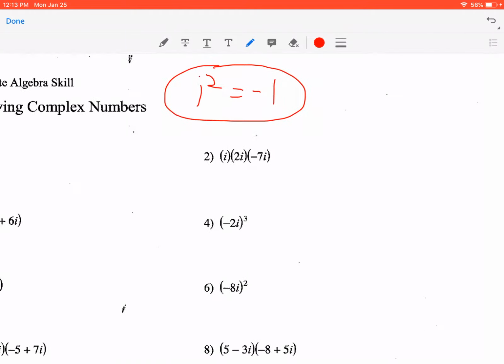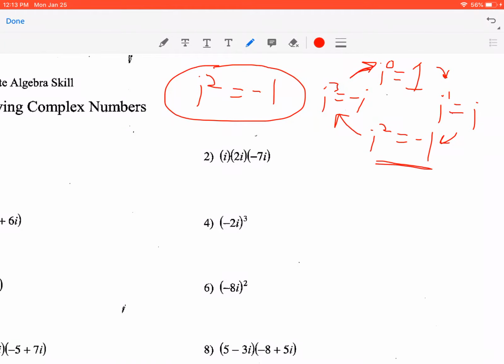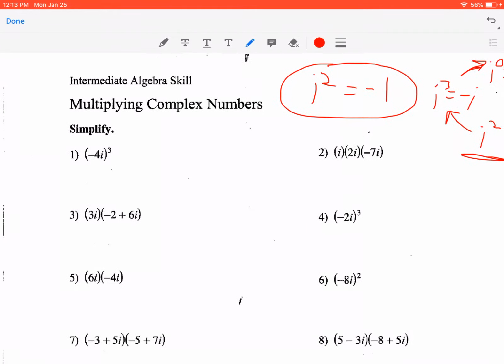If you think back to the chart, i to the 0, anything to the 0 power is 1. i to the first is just equal to i. i squared is -1, and i to the third is -i. And it always makes that circle. All right? But the main one is i squared equals -1. That's what you'll see the most. All right, so I'm just going to go through some of these.